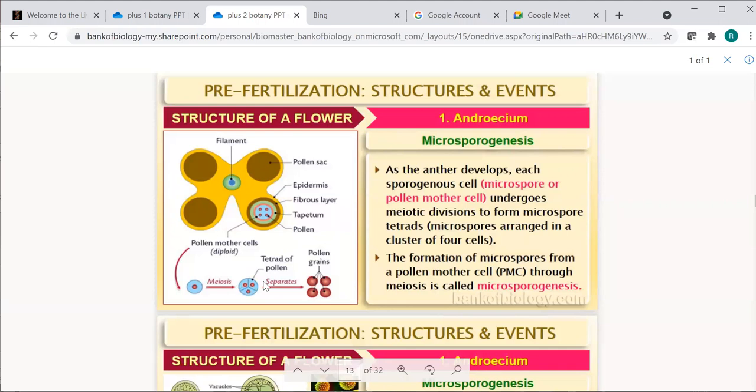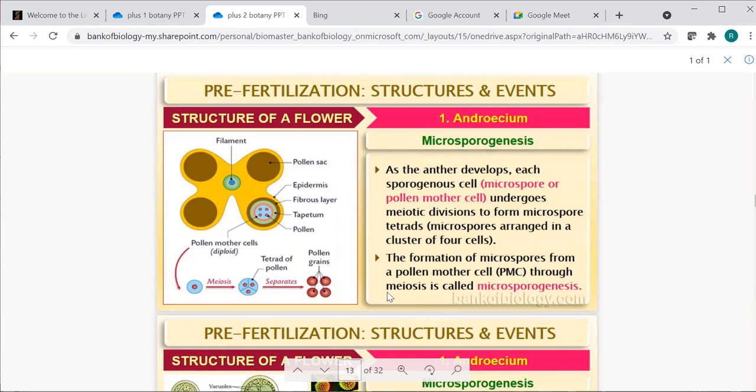First meiosis happens, then mitosis, then again mitosis. So in the beginning it is meiosis, after that mitosis. How does this form? From the mother cell, it forms tetrad microspores through meiosis, and after the formation of the pollen tetrad spores, the cells form vegetative and generative cells through mitosis.